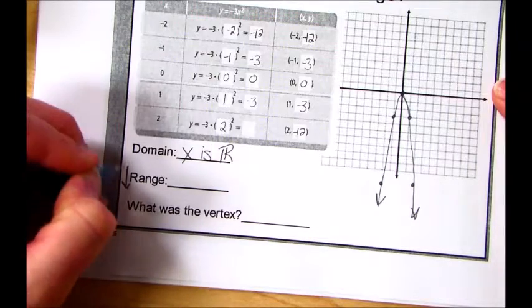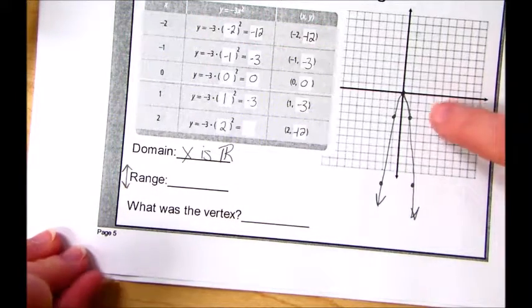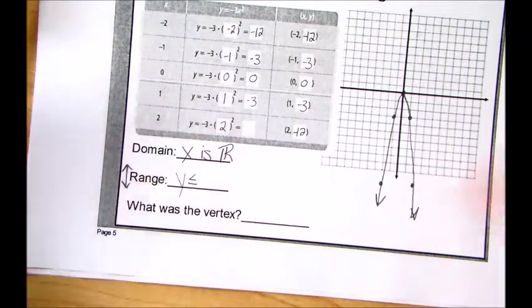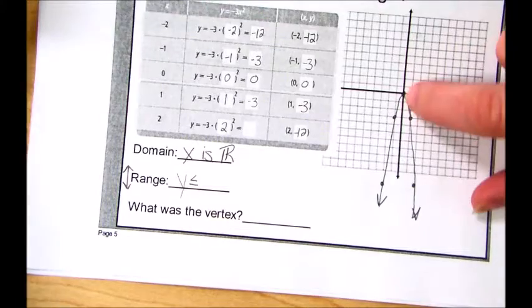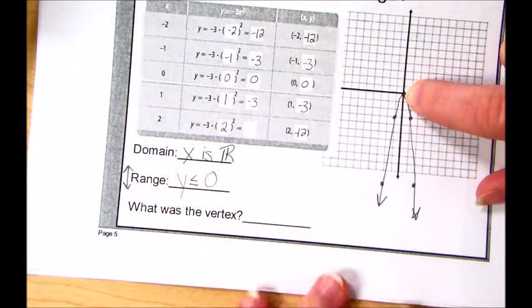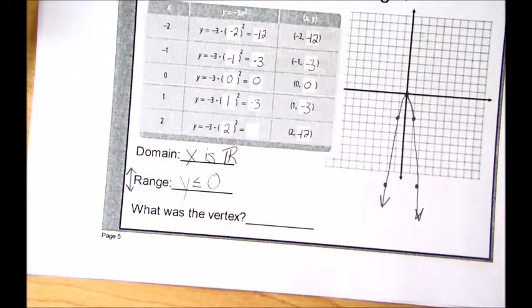The range is up and down. So the range is the one that we got to be super careful about. Can you see how this one goes down forever? We say y is less than or equal to, well, where does it start? Right here at 0. So the range starts at 0 and it goes down forever. So y is less than or equal to 0.